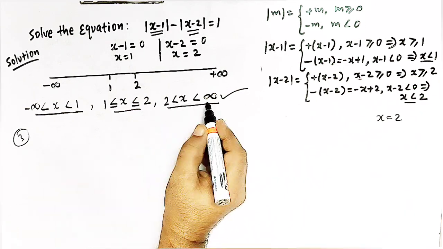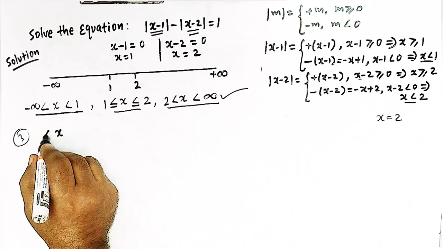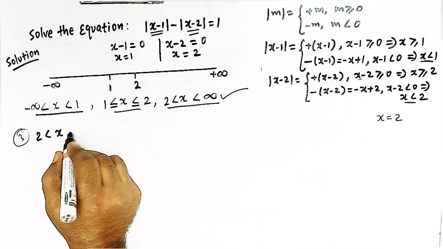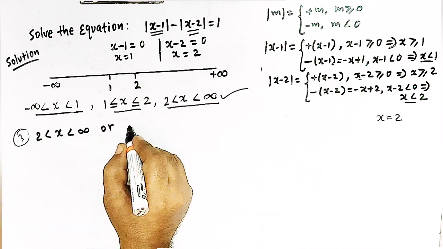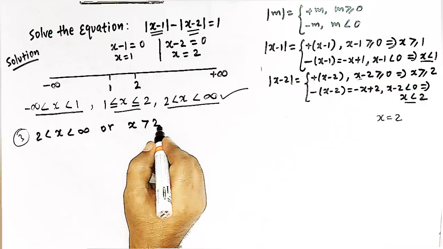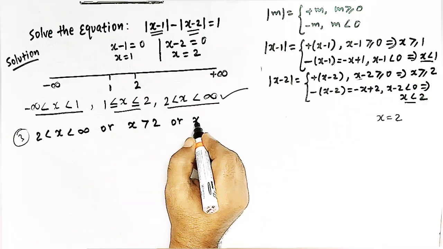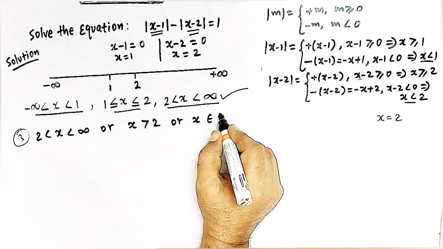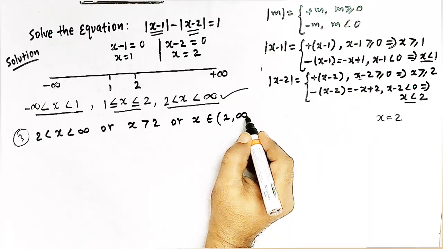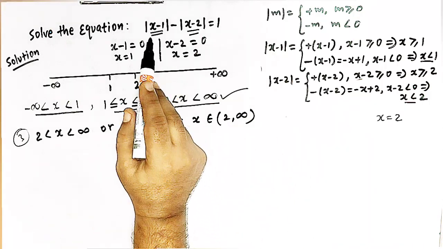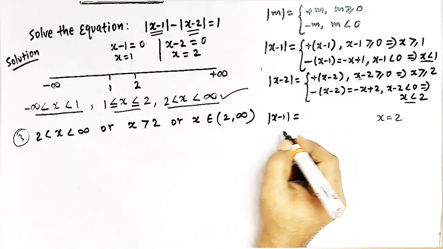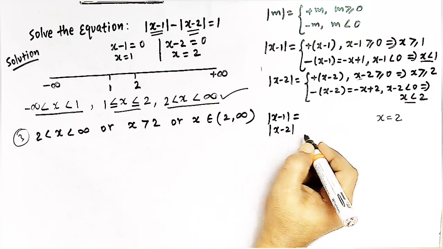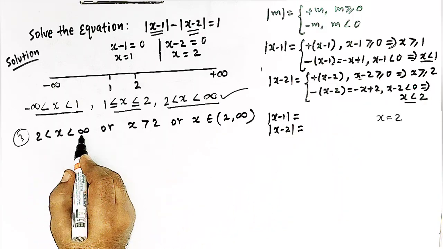So now in the third interval we have x greater than 2, and here we have infinity, or we can write simply x is greater than 2, or we have x belonging to the interval 2 to infinity. So now let us again define mod of x minus 1 and mod of x minus 2 in this interval.